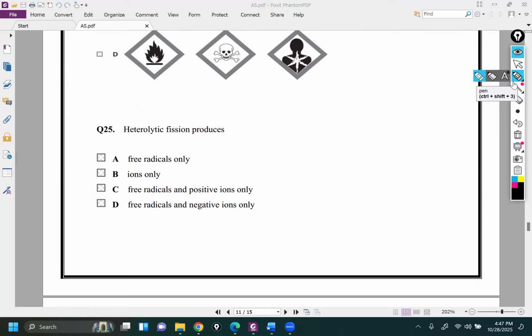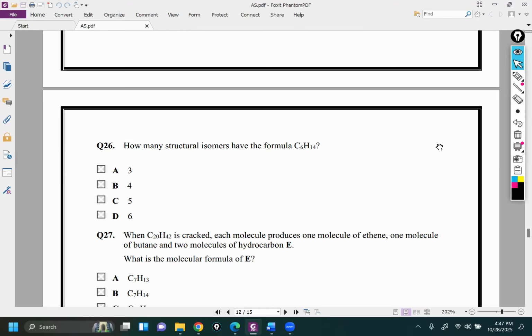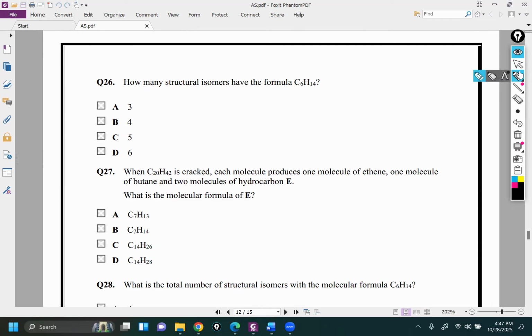Question 26: How many structural isomers have the formula C6H14? This is hexane, so work it out: 1, 2, 3, 4, 5, and 6. One formula with a straight chain. Then reduce one carbon from the chain and just attach it here.